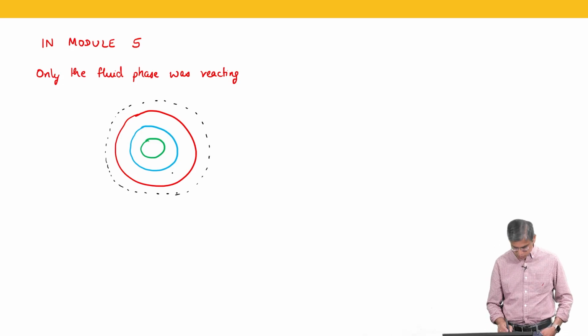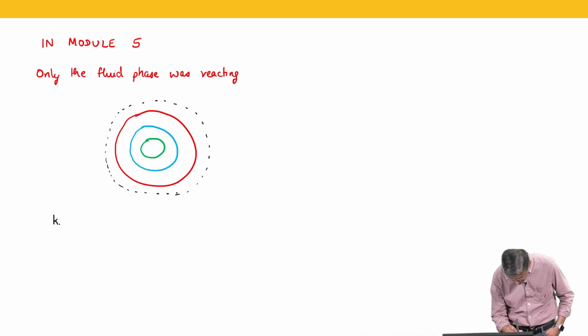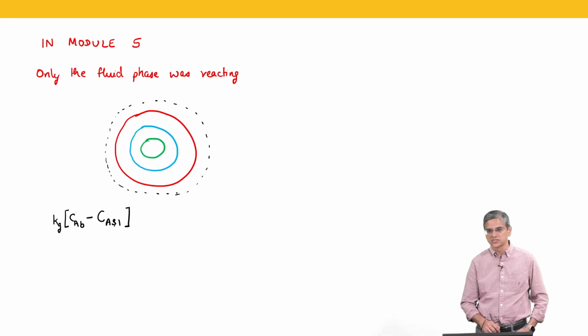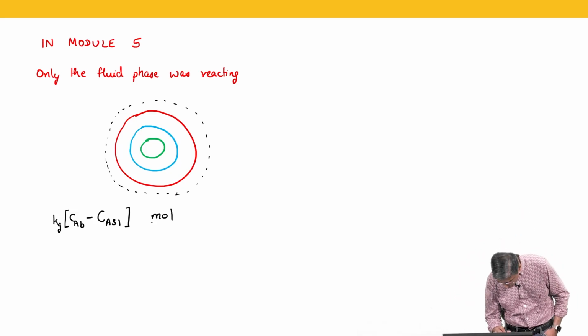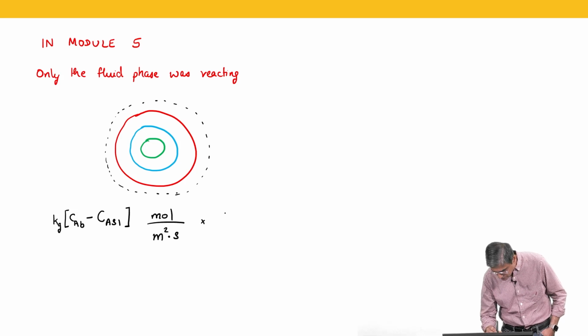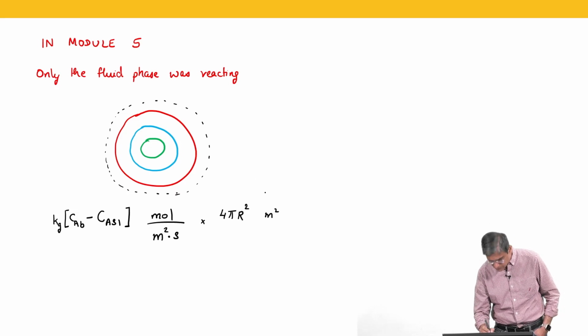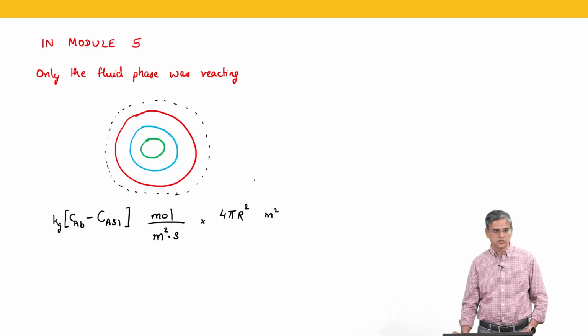In the gas film you have the flux. This is in moles, and you can multiply it by the area; that is going to be the flux through the system.